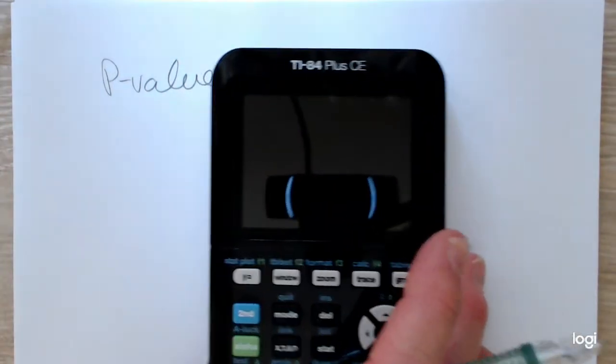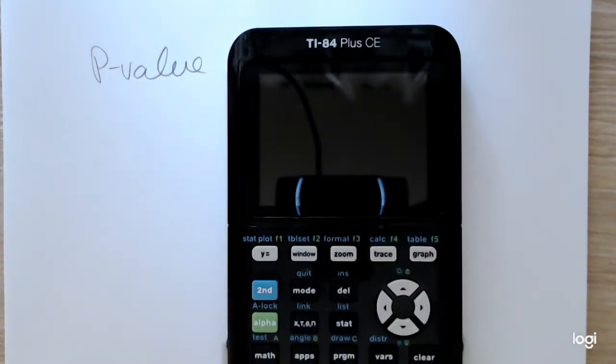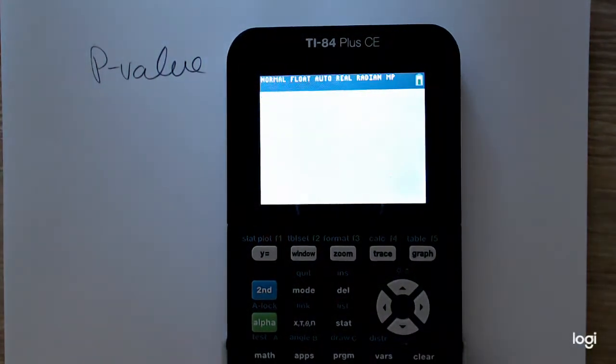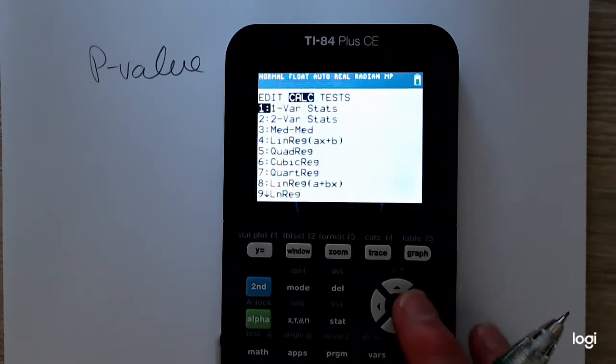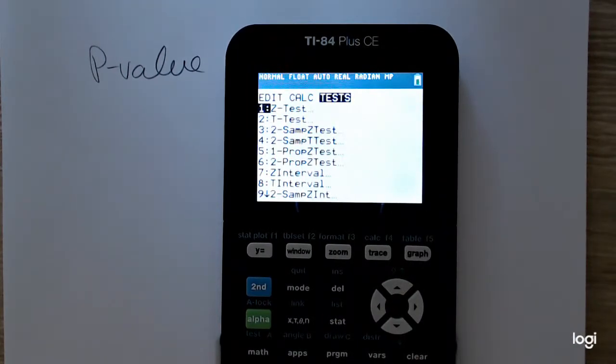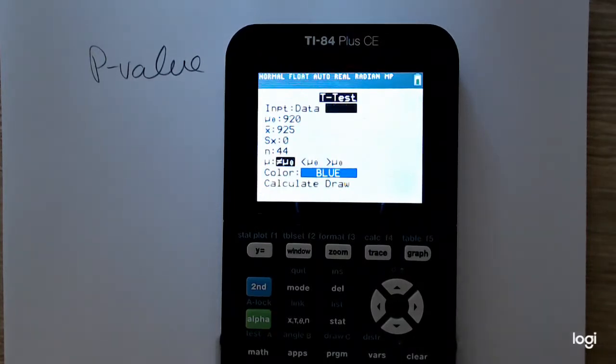So to get the p-value using the TI-84, and this is also how you would do a single sample t-test in the TI-84, I'm going to go to my Stat menu, right arrow over to Tests, and the second option is the t-test, which is the appropriate test we want to use for this example.